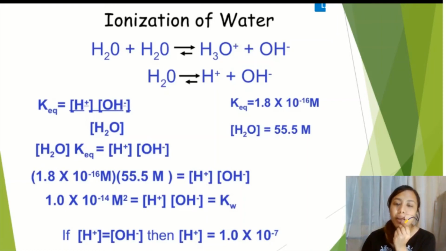With all of these numbers, this is how we derive the 1 times 10 to the negative 7. Your hydroxyl and hydronium ions each have a value of 1.0 times 10 to the negative 7. But water itself has a water dissociation constant, which is 1 times 10 to the negative 14.